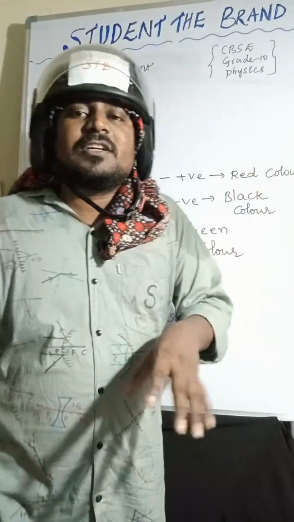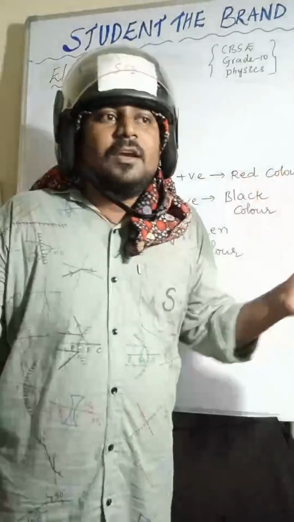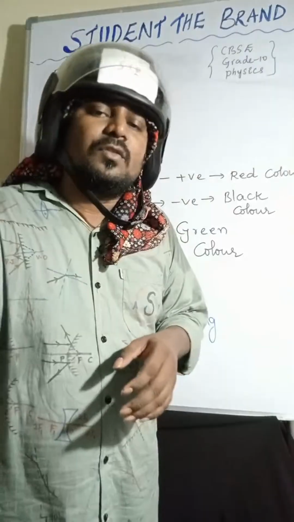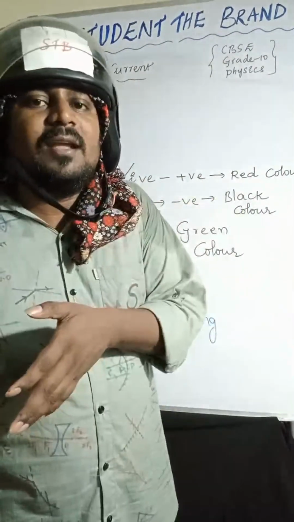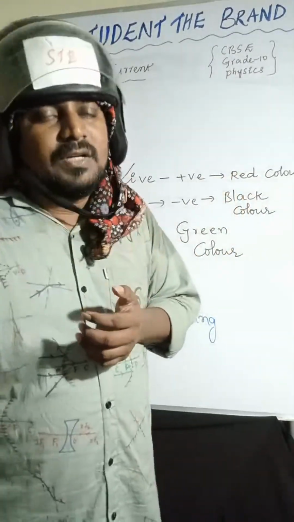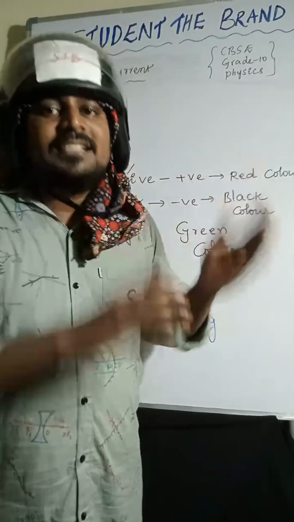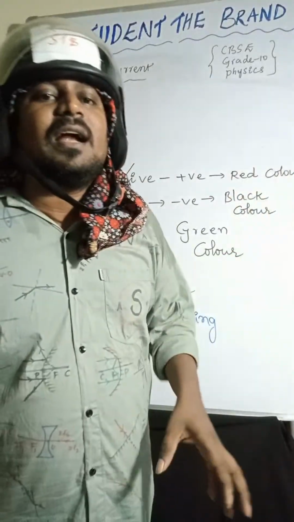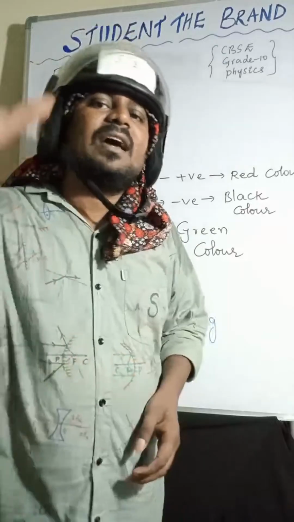After that, the heating effect of electric current. V equals W by Q, so W equals VQ. P equals W by T, and Q by T is I, so P equals VI. E equals P into T. So H equals I square RT.